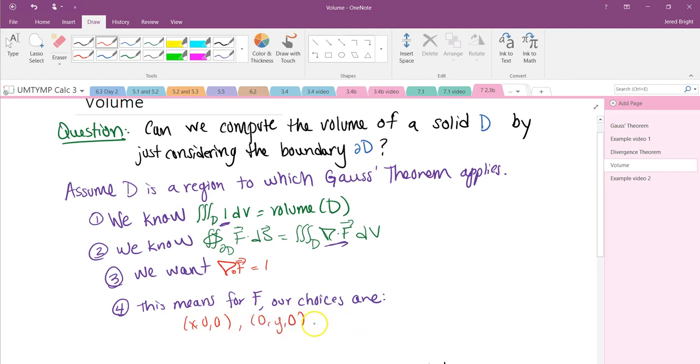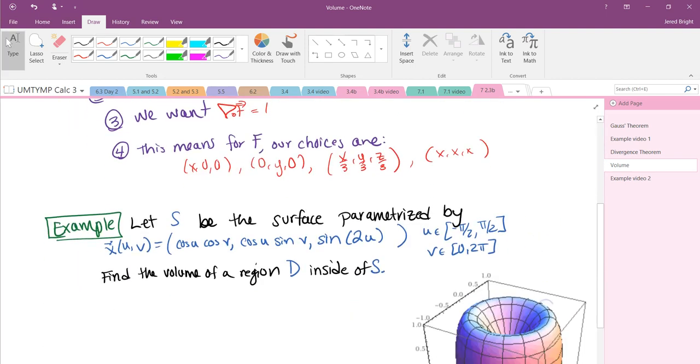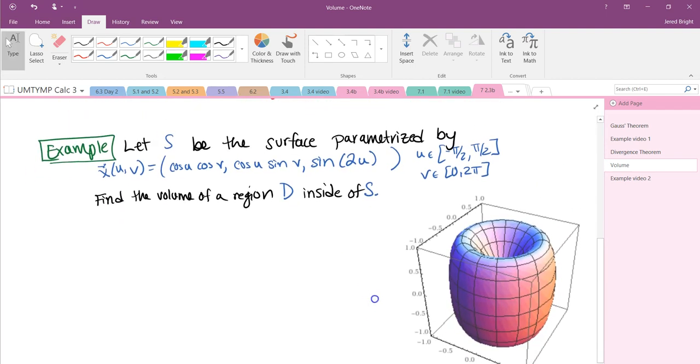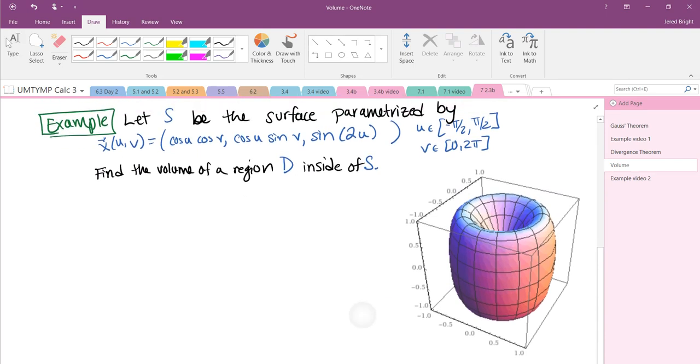We could also do something like (x/3, y/3, z/3), or something like (x, x, x). In these scenarios, if we recognize that the divergence is 1, then we're just going to get the volume, and all we had to do is consider the boundary.